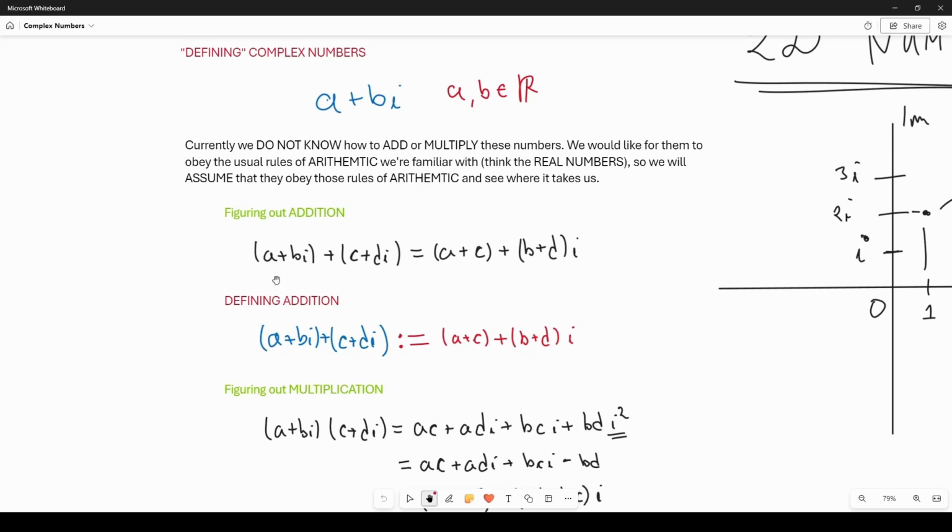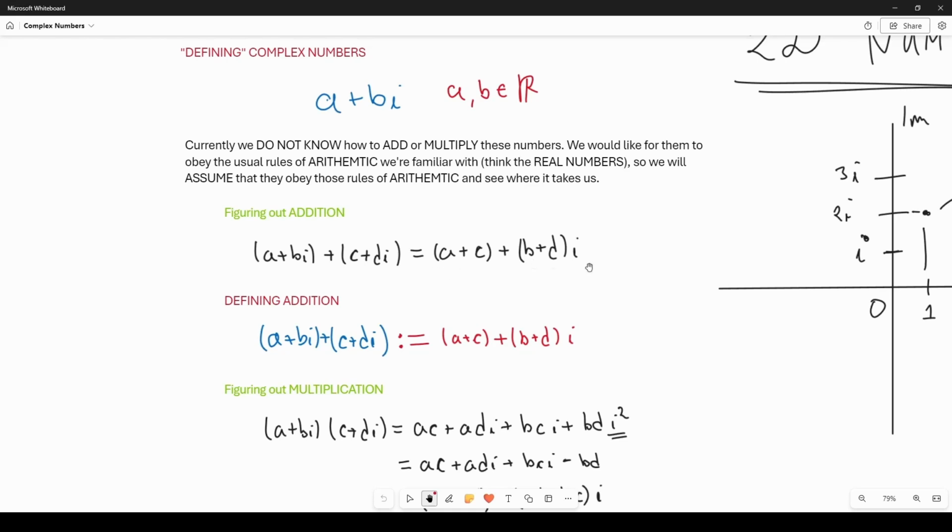So we will get rid of the parentheses and I will group terms. So a and c will go together. I'll put parentheses around them. And since I'm demanding that the i behaves nicely, that means that it should obey the law of distributivity. So I can pull out the i from here and group these terms together.